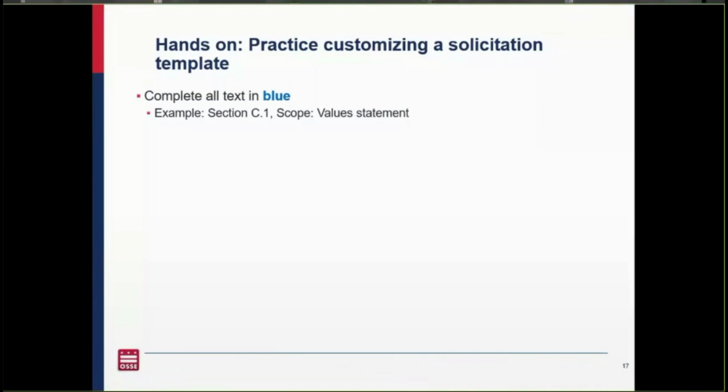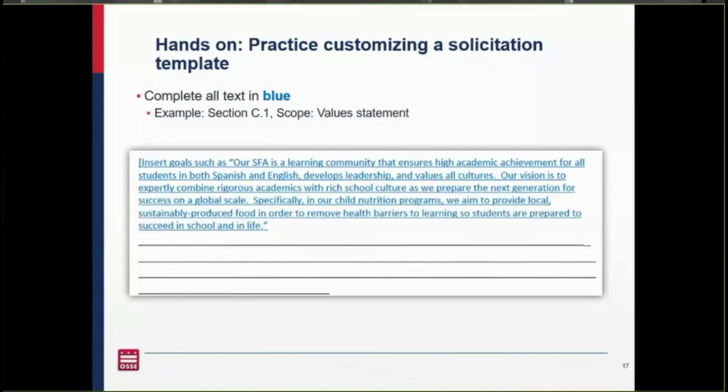And as we walk through this, Liz will jump in if there's anything that she would like to add. Okay, so first, we are going to look at an example of blue text, as you see on the screen. Blue text signifies text that SFAs must replace before sending out the solicitation.